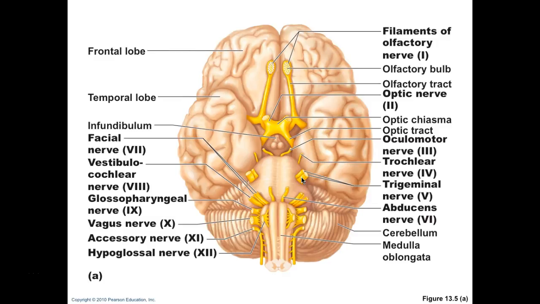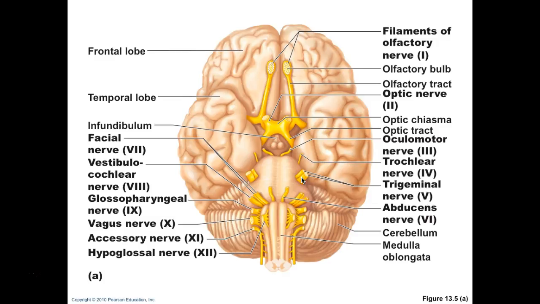So V1 would be ophthalmic, pointing to our eye, V2 would be maxillary, pointing to the maxilla, and V3 would be pointing to our mandible. And so these 3 nerves are going to give sensory supply to the skin there too, in those regions.